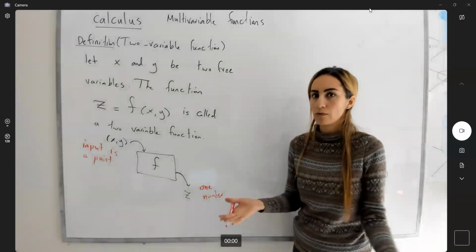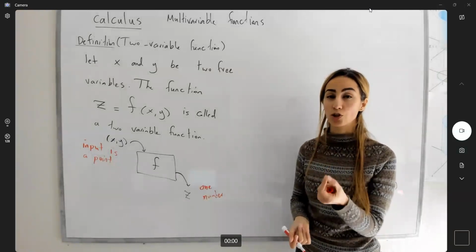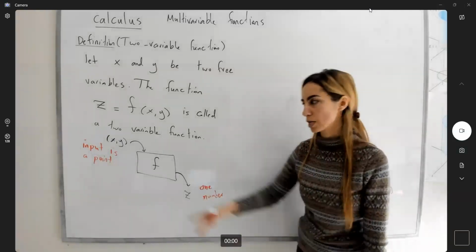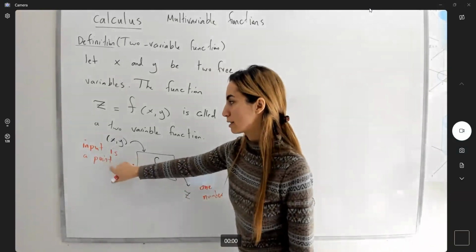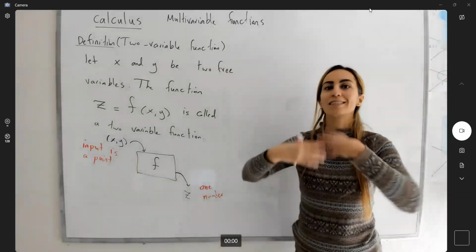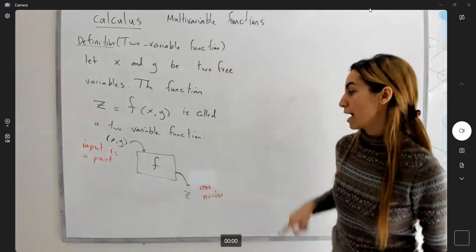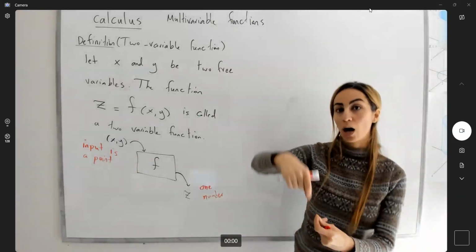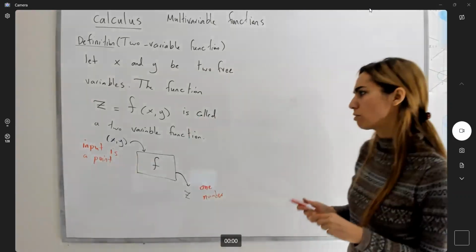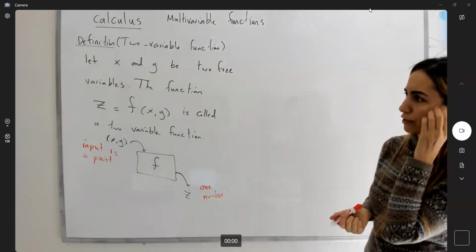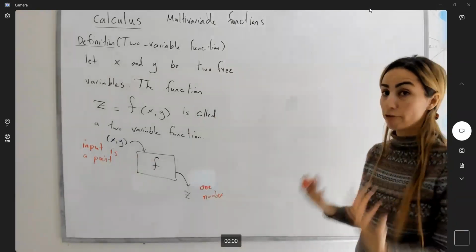Just note that the input value is a point, it must be in terms of x, y, and the output value is going to be on the z axis. Okay. That's the definition of a two-variable function.